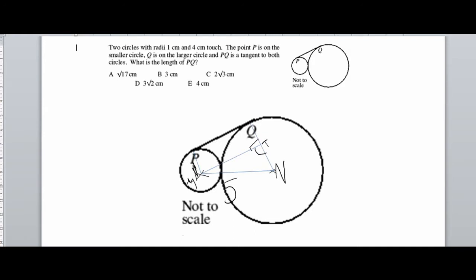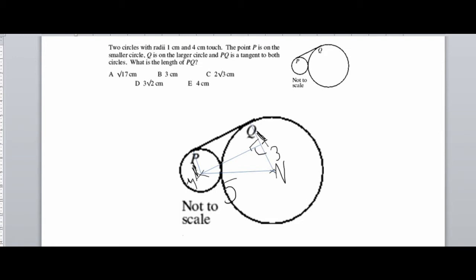What we can then do is, we know that the length of QN is 4, and so the length of QT is 1, because it'll be the same as the length of PM. And the length of TN will be 4 minus 1, which is 3. Okay, so now we have a right angle triangle, TNM.